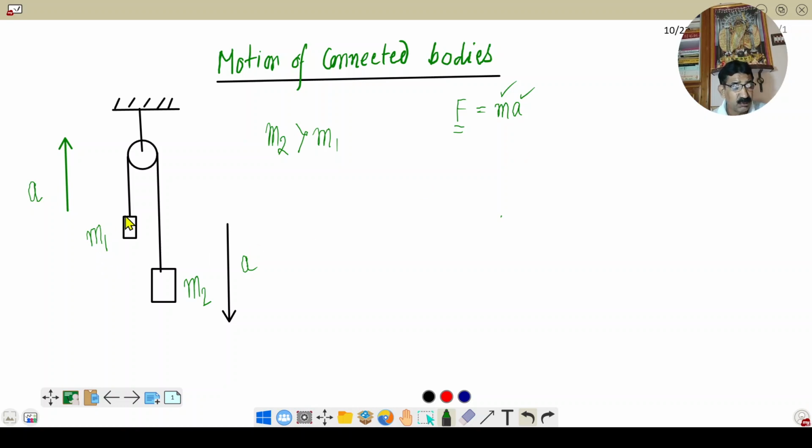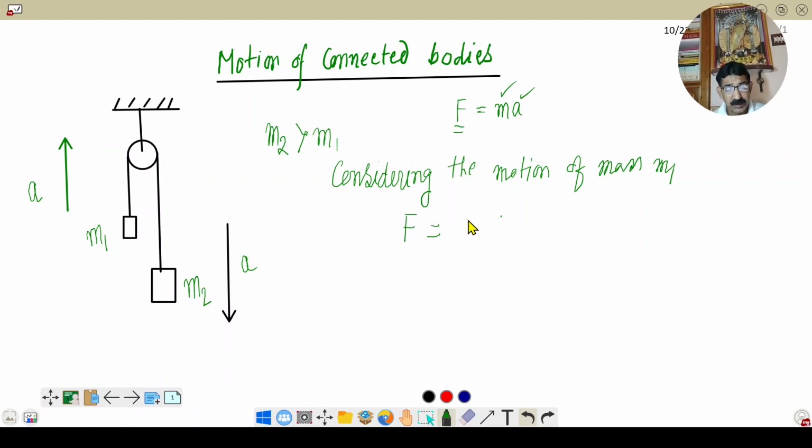Now, considering the motion of mass M1, force acting on M1, F is equal to M1 into A. So, what is the force acting on this body?